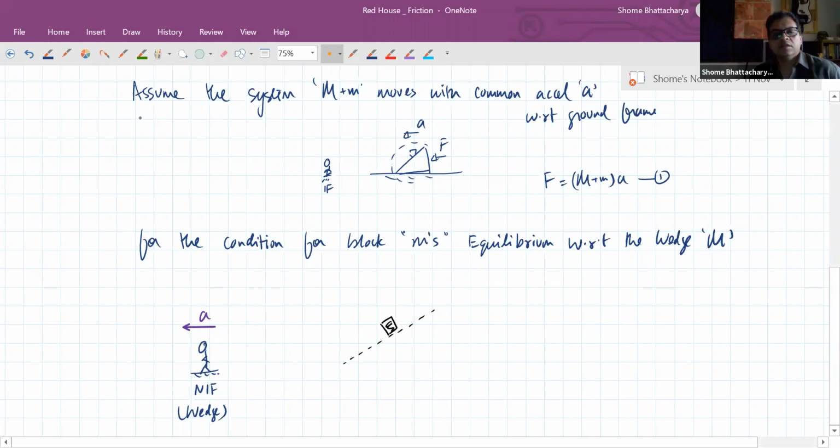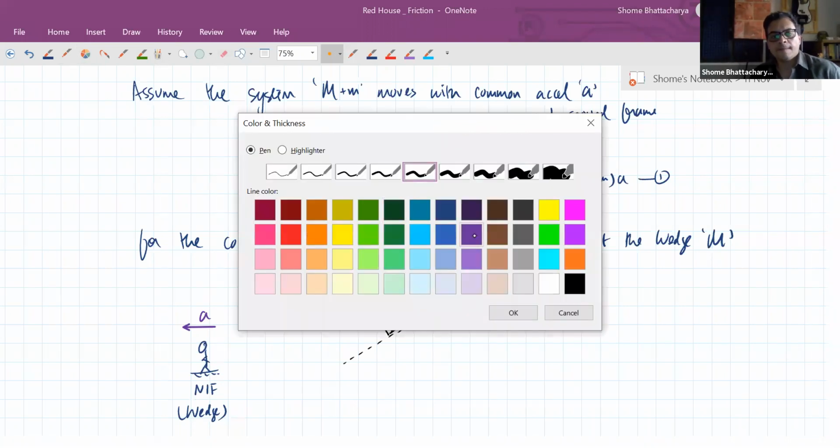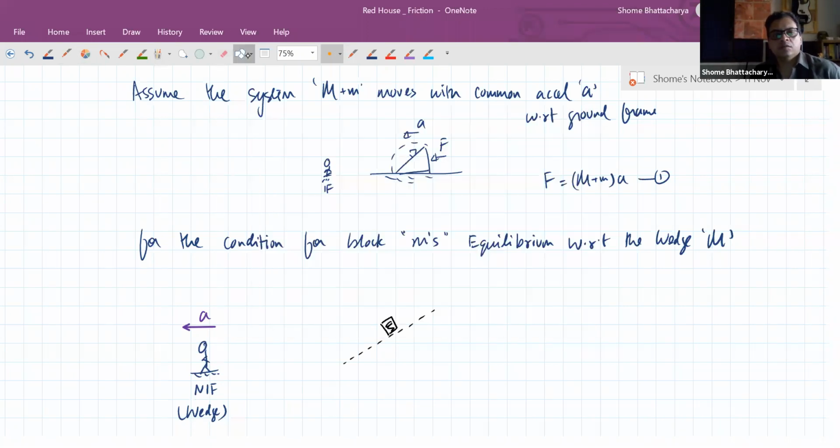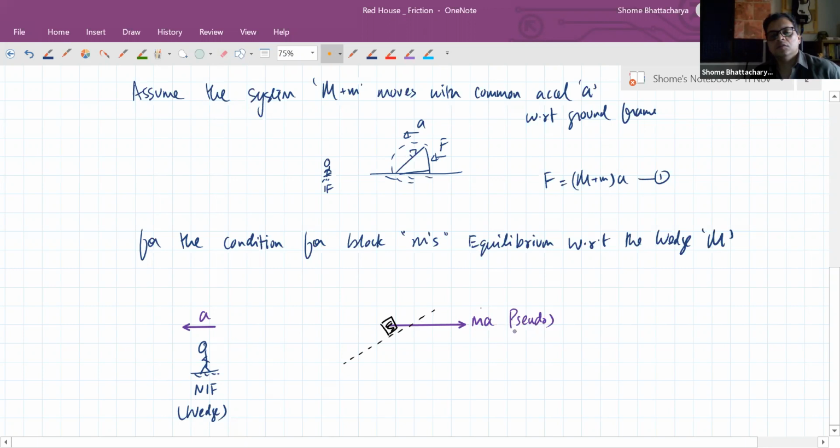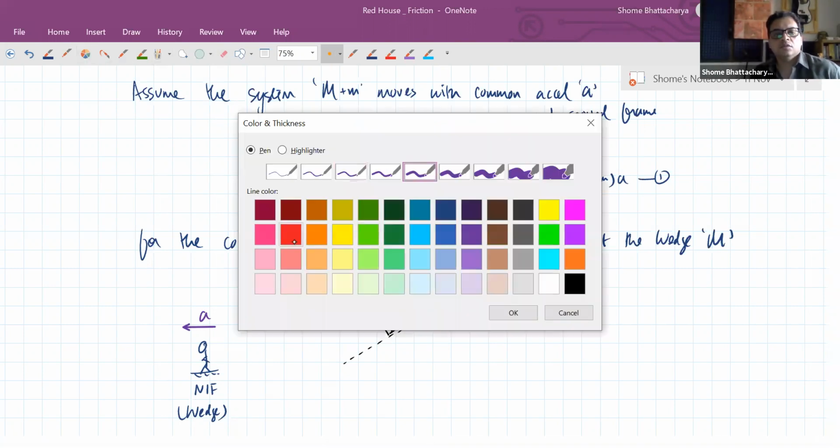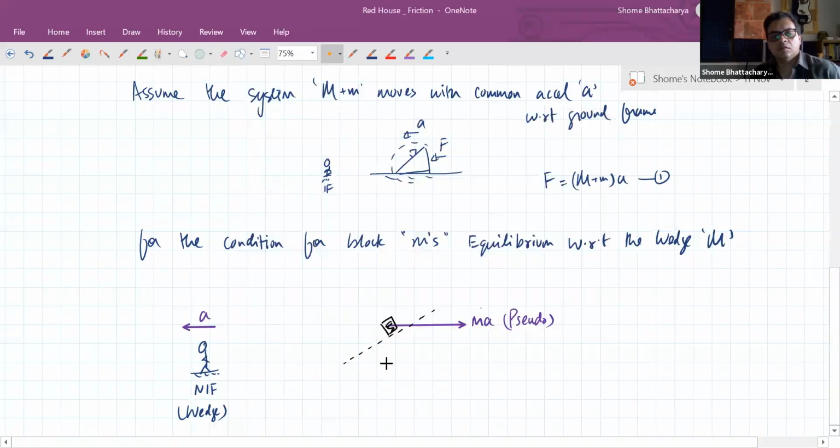So what are the forces that will act on the block? There will be pseudo force. This is your pseudo force, opposite to acceleration, mass into acceleration in magnitude. There will be weight. There will be normal reaction.